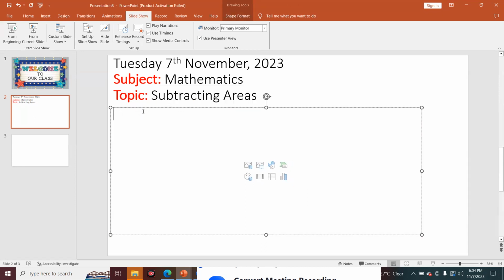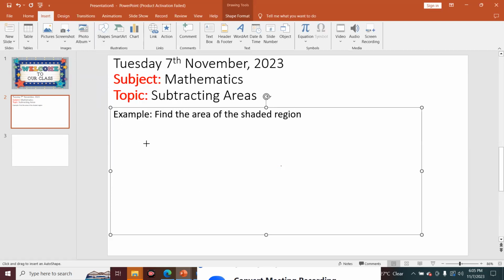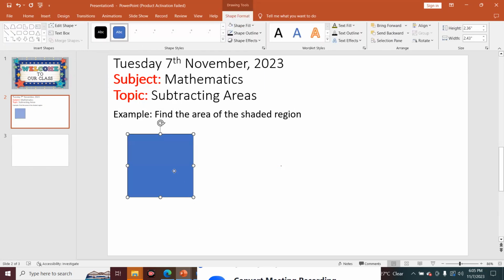So let's look at an example. Let's say that I'm going to find the area of the shaded region. Let's consider something like this.